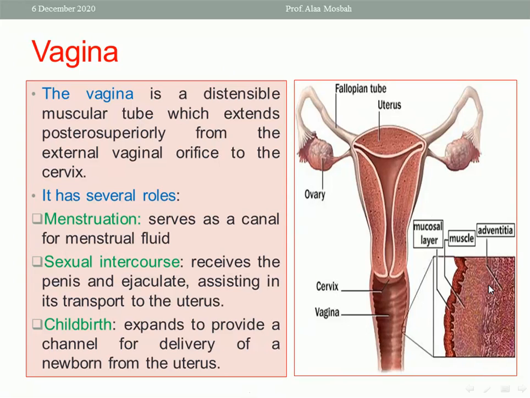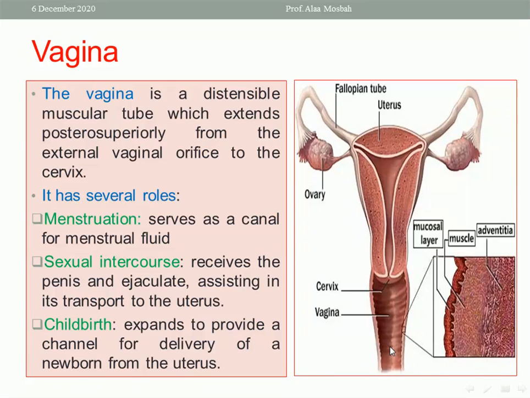Let us go to the vagina. The vagina is a distensible, muscular tube, as you see in the picture, which extends posterior-superiorly from the external vaginal orifice to the cervix. It has several roles. Of course, it is a pathway for menstruation every cycle, so menstrual fluid can pass through it to the outside.